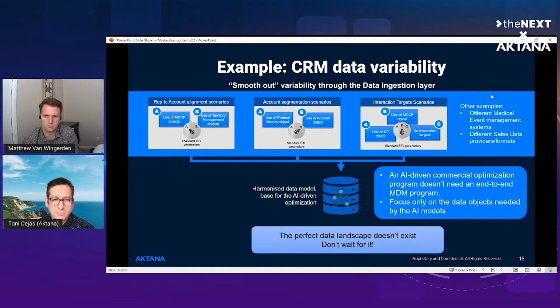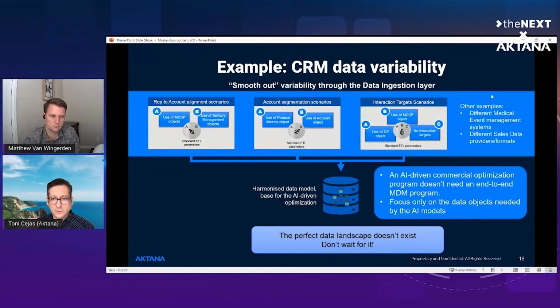So most commonly we find two. Either that information is stored in the MCCP objects or it's stored in the territory management objects, right? So instead of having to, again and again, for every new implementation, develop a new ETL, we have the two scenarios that are most common already present in our standard ETL, and through a parameter, we just select the scenario that we have in each case, right?